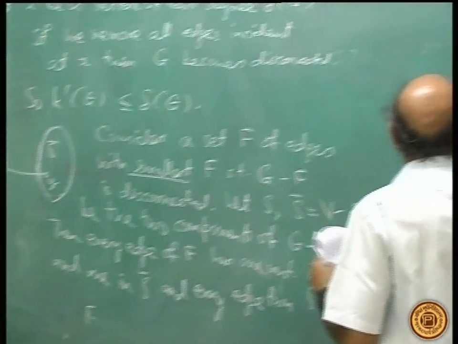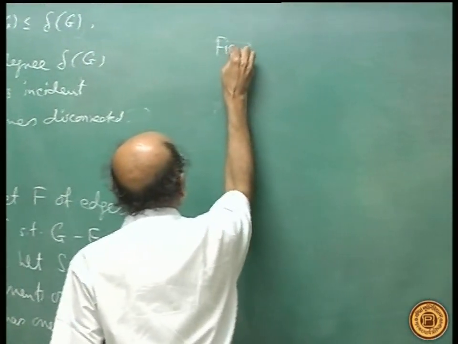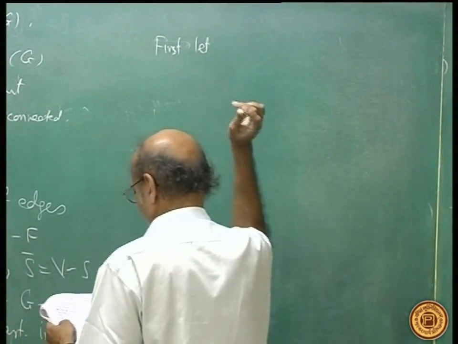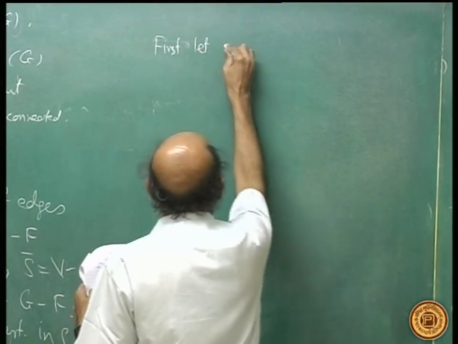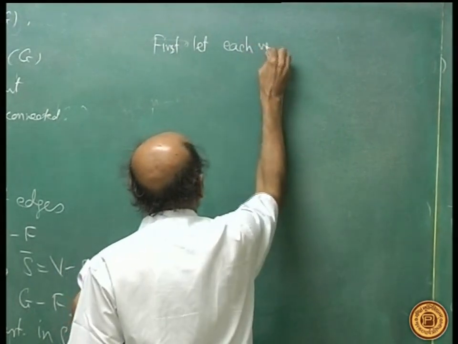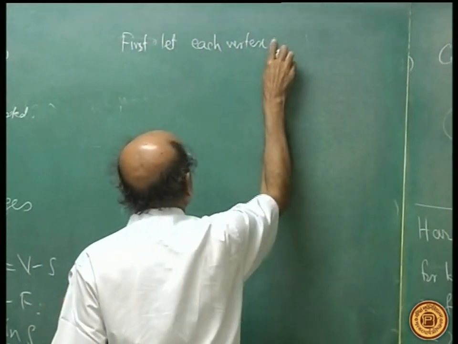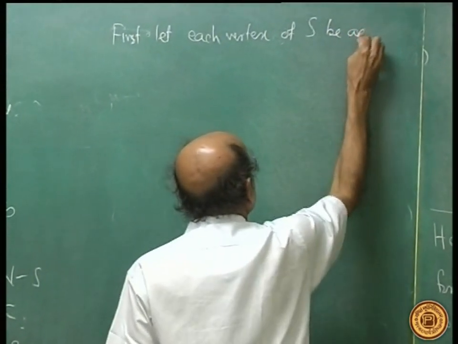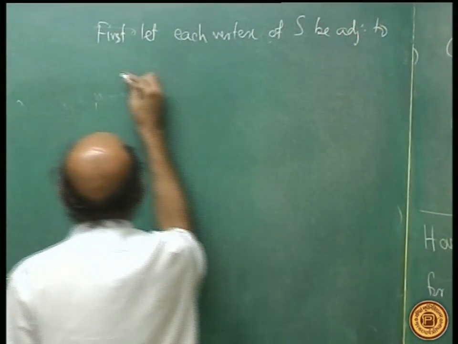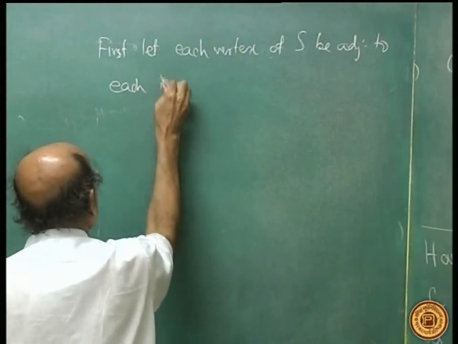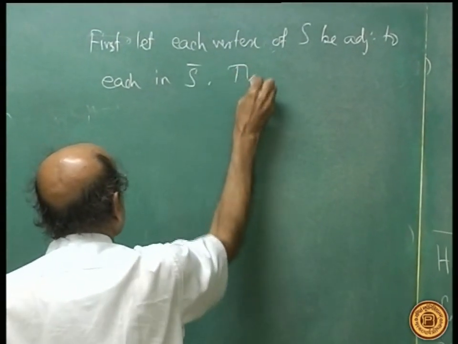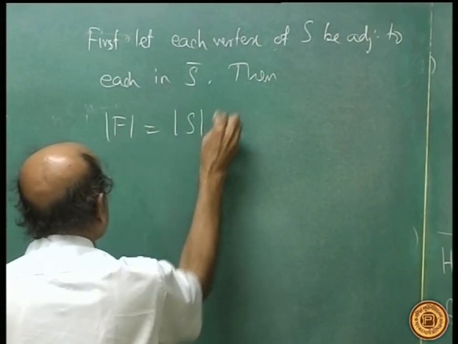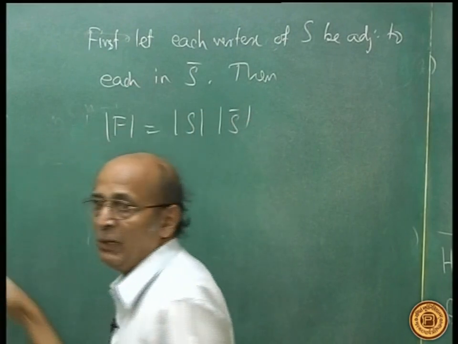Let each vertex be considered. This is like a bipartite graph.